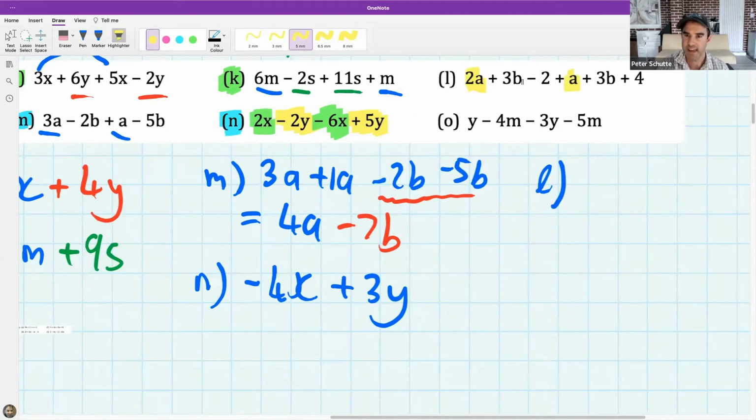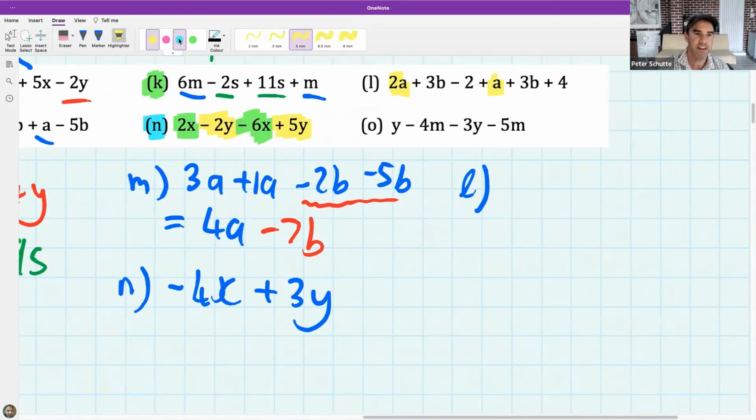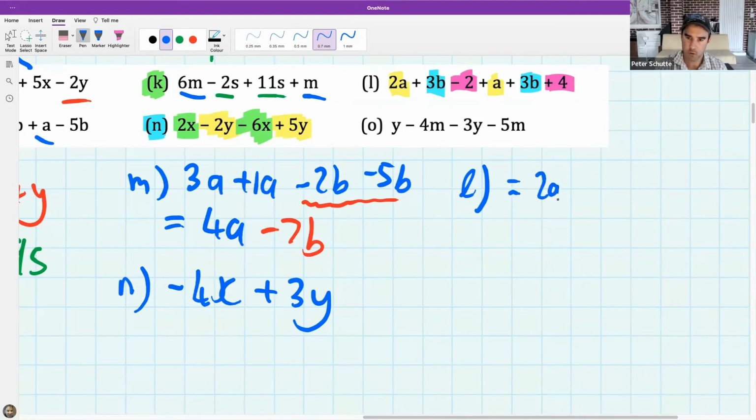I have an A, and those are the ones that go together. Then what else is going to go together? I think that 3B and 3B are going to go together. And then the last thing that's going to go together is my -2 and my +4. So at least now I've spotted my like terms. So I'm going to rewrite them so that all the like terms are next to each other.